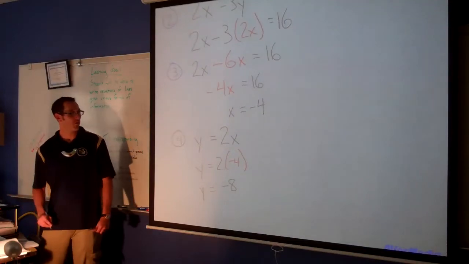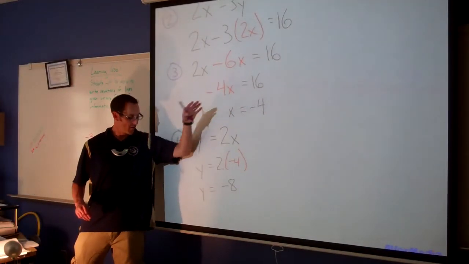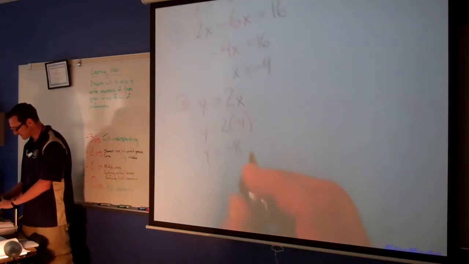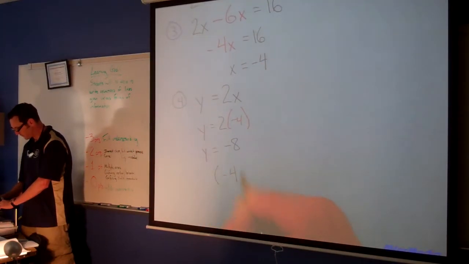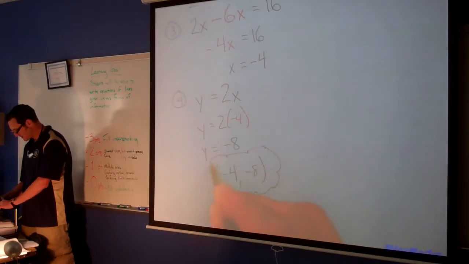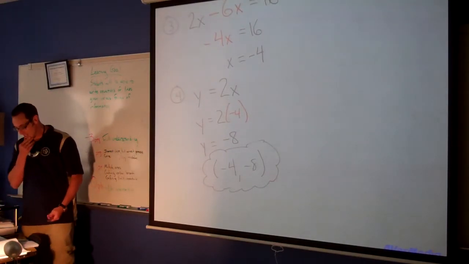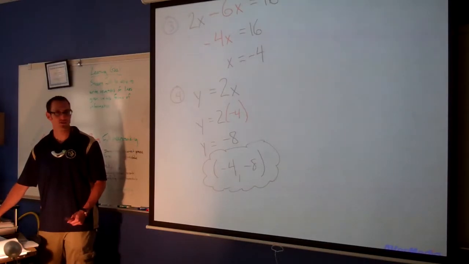So y would equal -8. So now we know an exact value for x, we know an exact value for y, now we know the ordered pair. So let's list it as an ordered pair. The x value is -4, the y value is -8, and there is the ordered pair where the two lines intersect. So that is how substitution works with crazier looking equations.